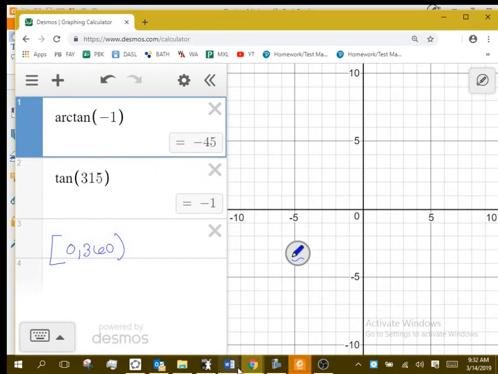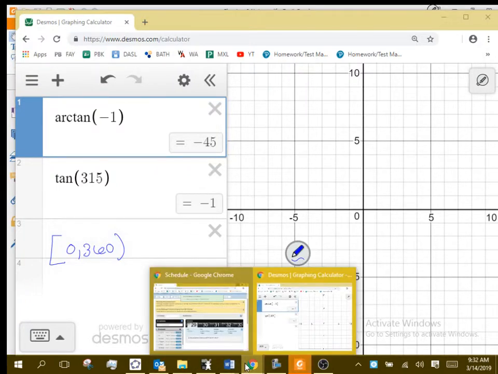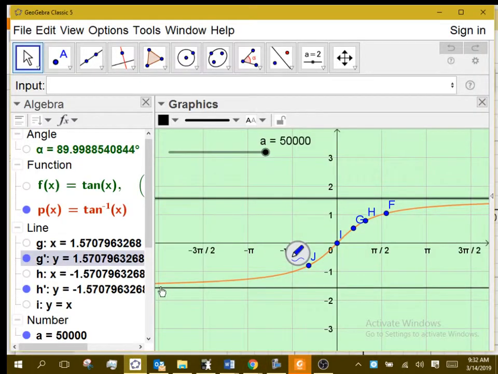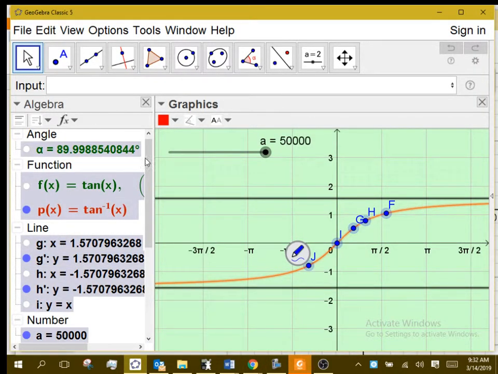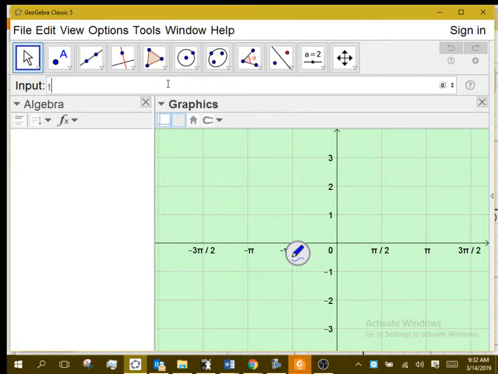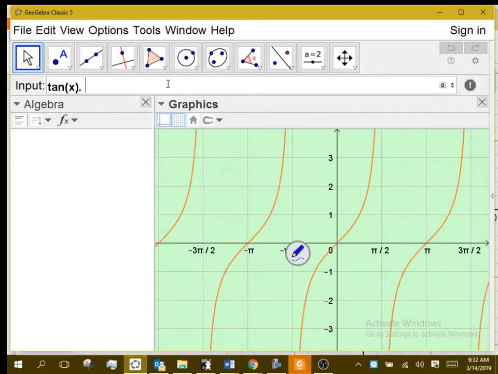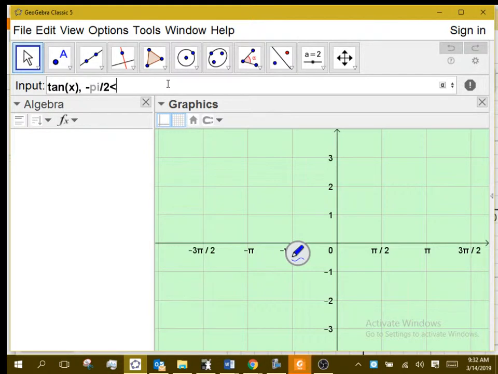Ultimately, what's going on there is, when we're solving these equations, we initially get the negative 45 to be that point right there, right? Where my cursor is. Okay?